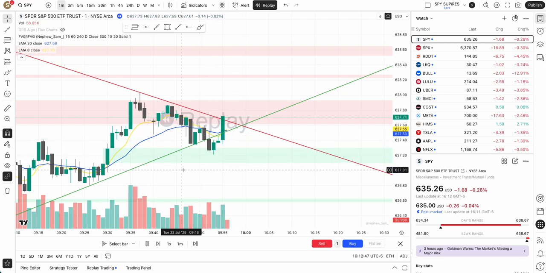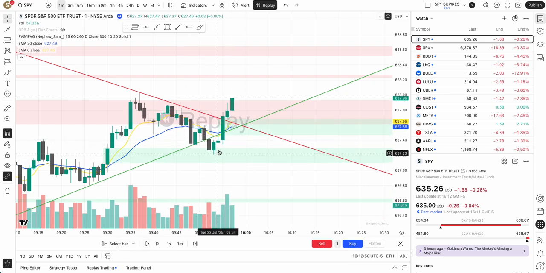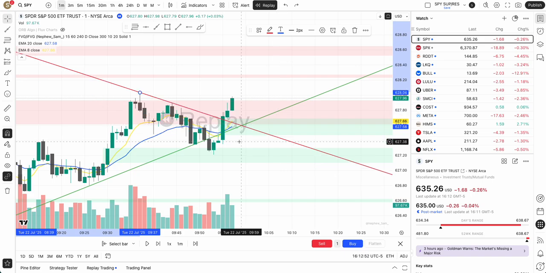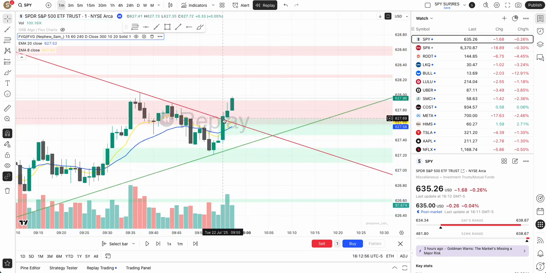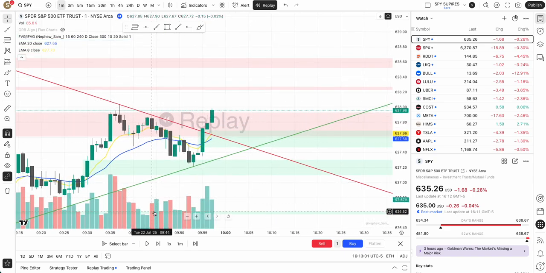Break of here, yellow's below blue. Would have probably just sold into resistance. Boom. Break here, yellow above blue, enter. Carry your trend line up.